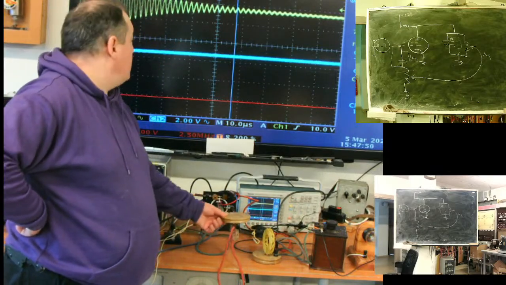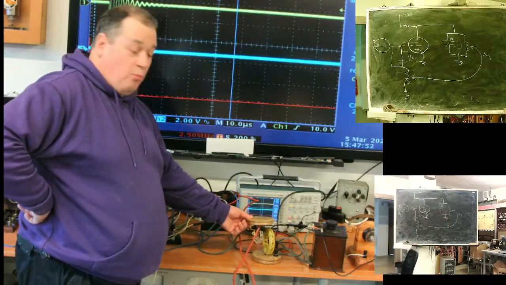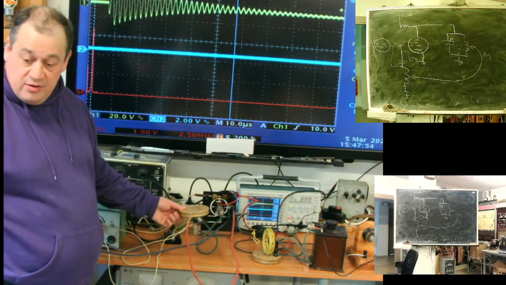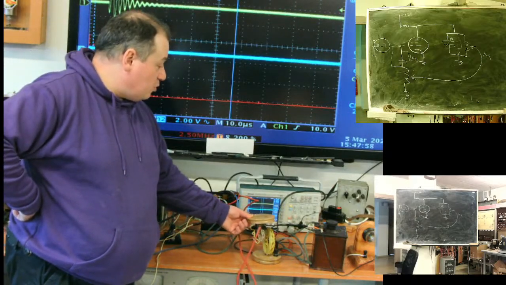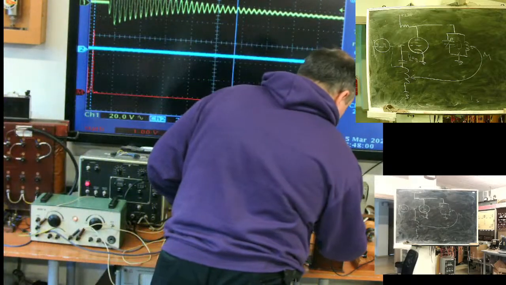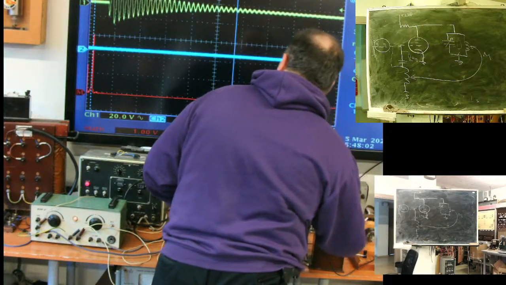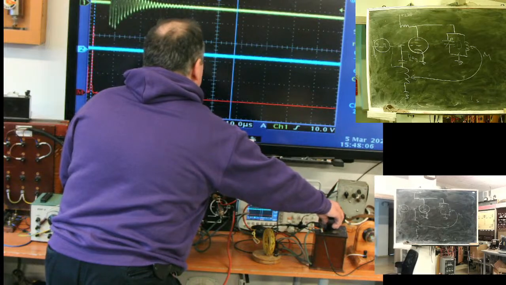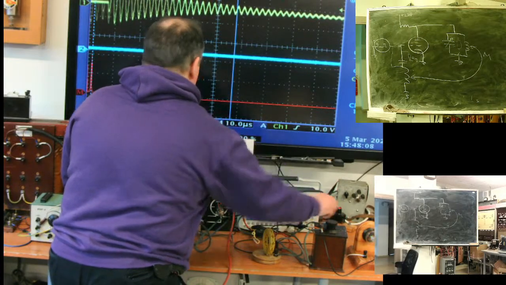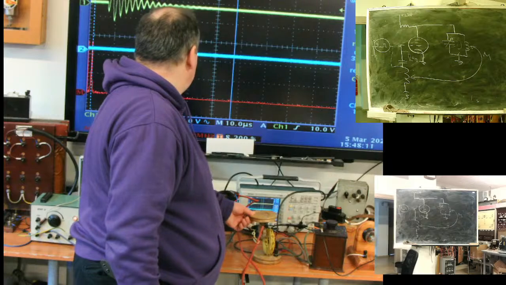The stronger the negative feedback, the system doesn't want to oscillate. I'm changing capacity. See, it changes the frequency.